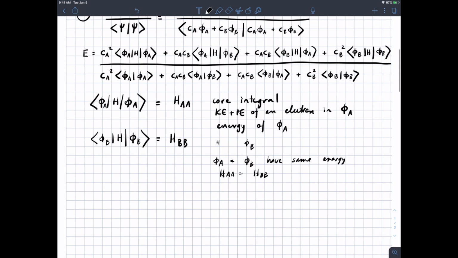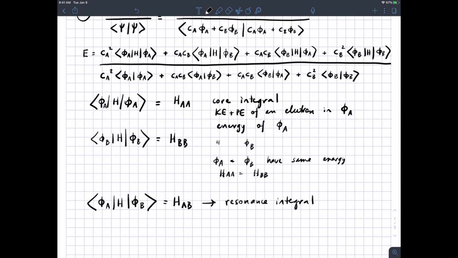Now, what about that weird one where you have the Hamiltonian applied to wave function B multiplied by wave function A? We're going to call that, unsurprisingly, HAB. And this has a physical meaning too. This is called the resonance integral.